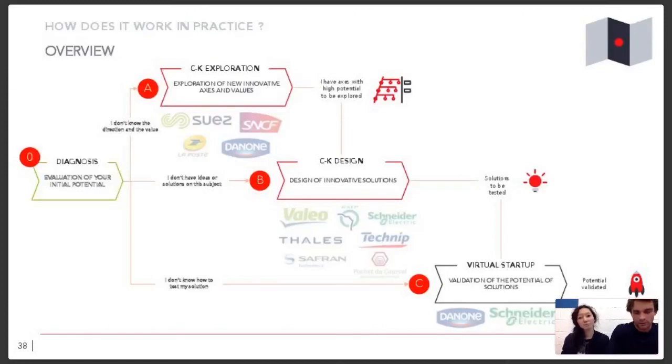This is the first point. When you have an object targeting some users that you really have in mind, something really related to the use of the object, then design thinking can be well suited.